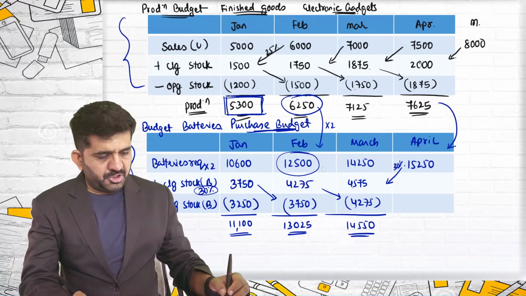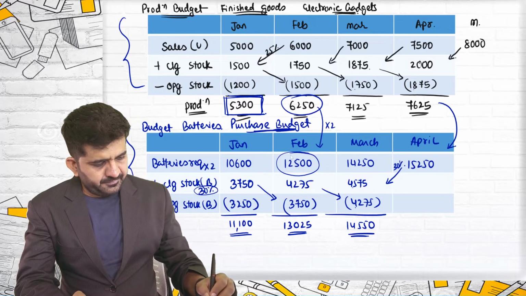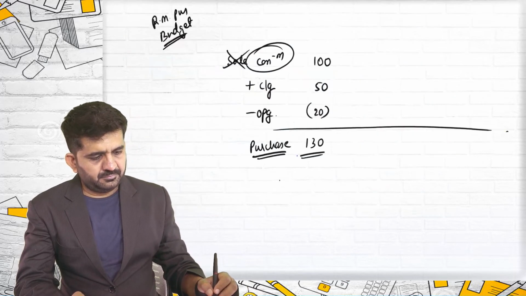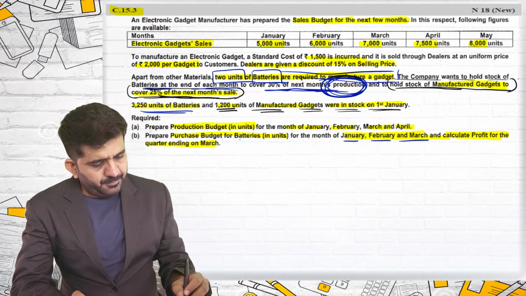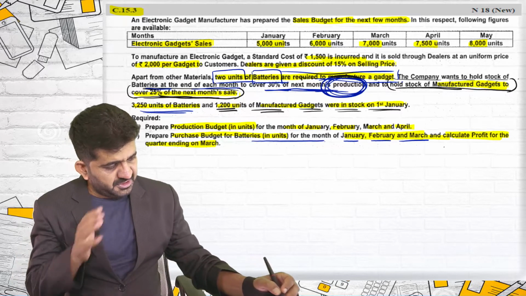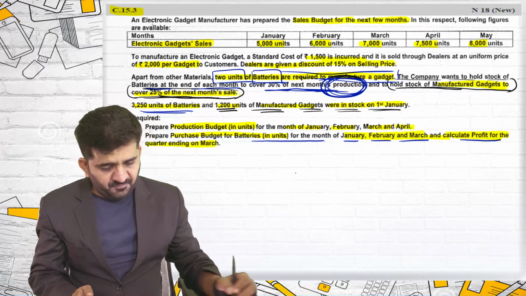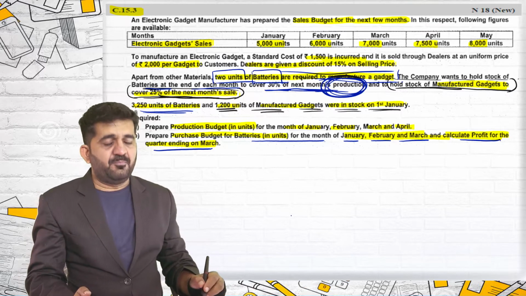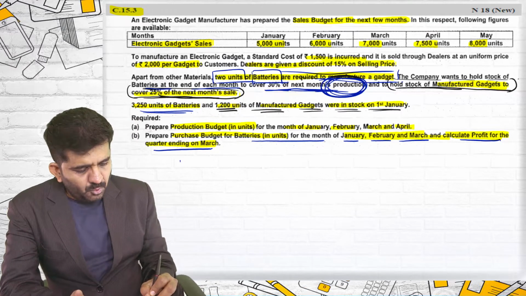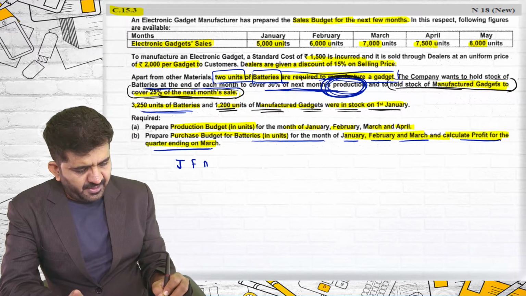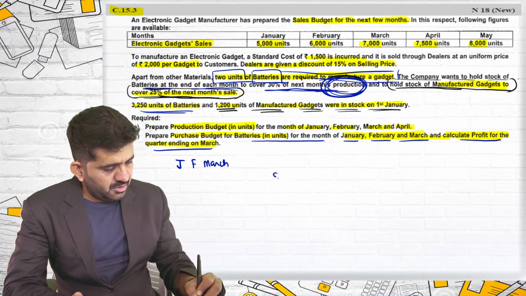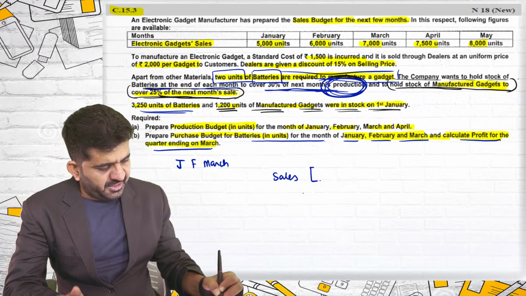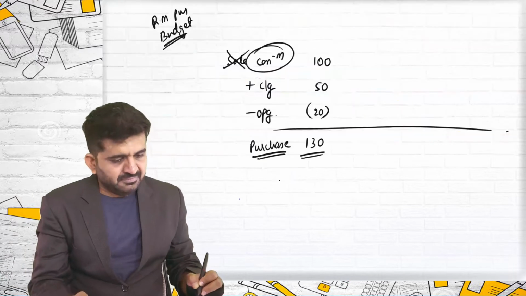There is another question also in this particular question, which is: prepare the purchase budget of the batteries which we have purchased, and calculate the profit for the quarter ending March. Quarter ending March is Jan, Feb and March. How much sales will we be doing in Jan, Feb and March?